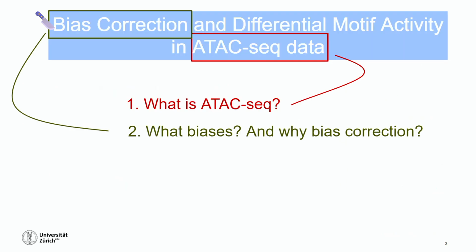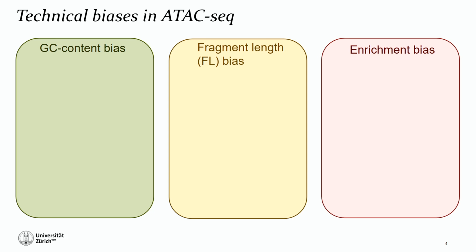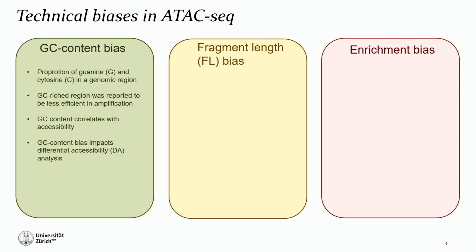The second thing we need to know from the title is the bias correction. What are the possible biases in the ATAC-seq experimental procedure, and why do we need bias correction? Here we're looking at three possible technical biases: GC content bias, fragment length bias, and enrichment bias.